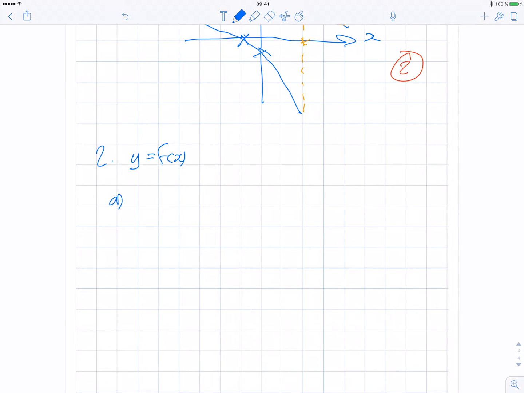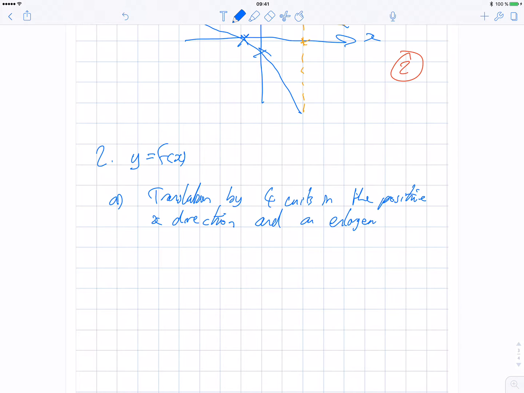So A, we have a translation by 4 units in the positive x direction, and an enlargement by a scale factor of 3 parallel to the y-axis.